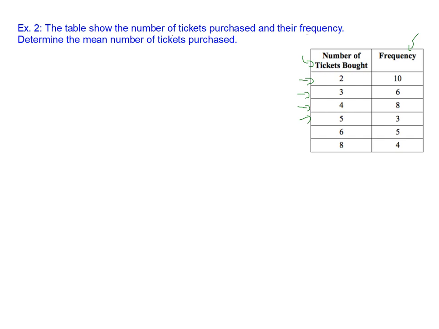So what we can do is we can actually use the equation for a weighted mean to find the weighted mean here. So let's have a look at what that looks like. In order to do this, I'm going to set up the table just like we did the last time. So number of tickets will go as one column.